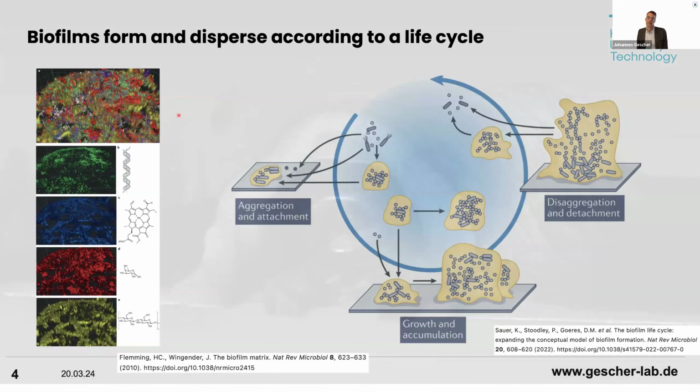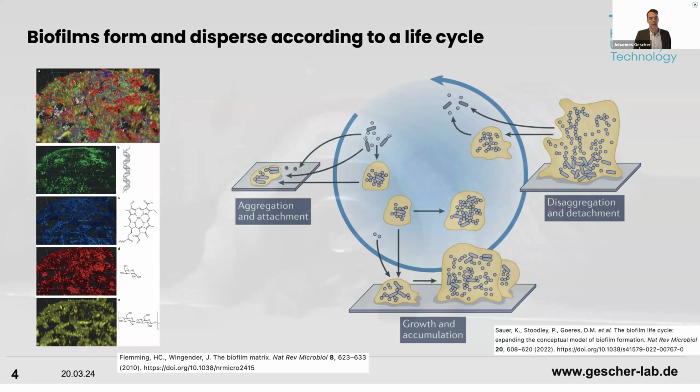But before I come to the advantages, let me first say a few general words with regards to biofilms. These biofilms are highly complex, and you get a glimpse of the complexity when you have a look here on the left-hand side. What you see is a multi-species biofilm.